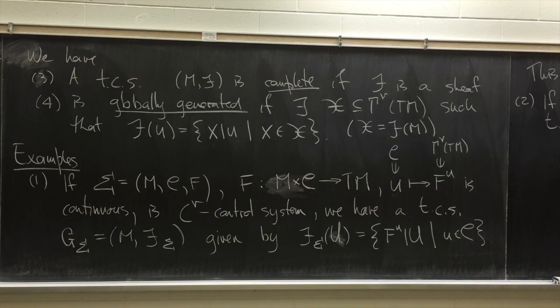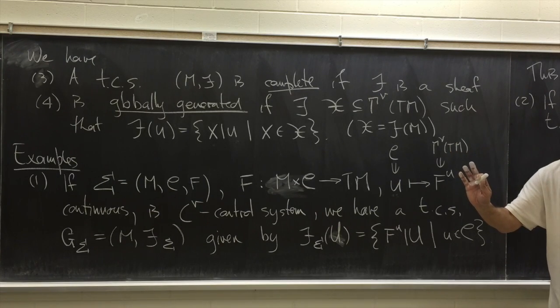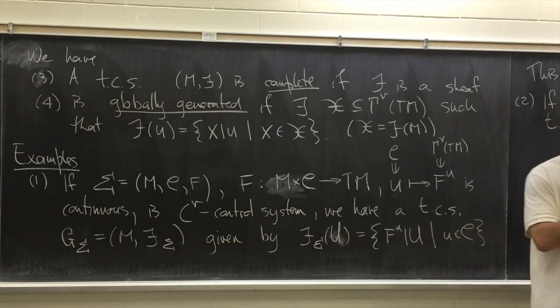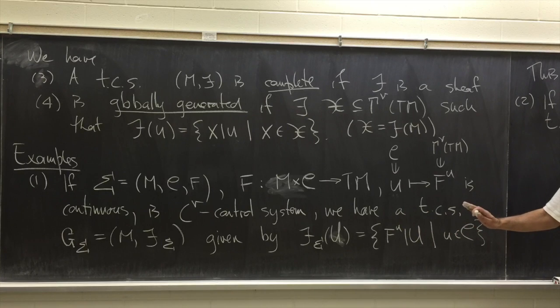How do you construct your U? Remember, the U's here in the presheaf are arbitrary open sets. So I think you're running into the confusion of big U and little u. So let me maybe give this definition, and I think it probably answers your question.